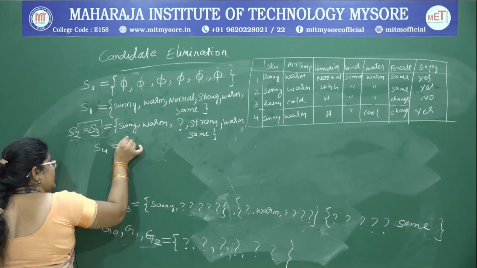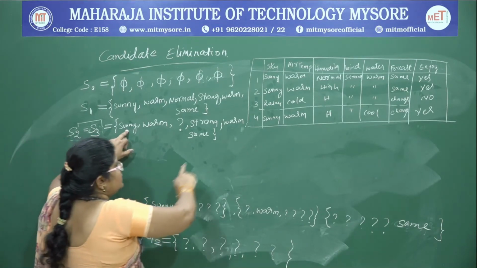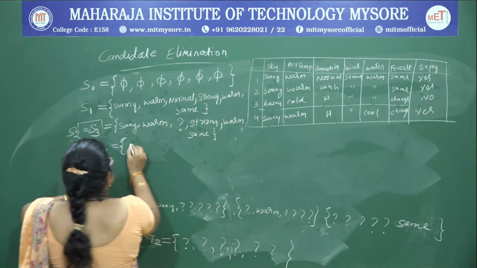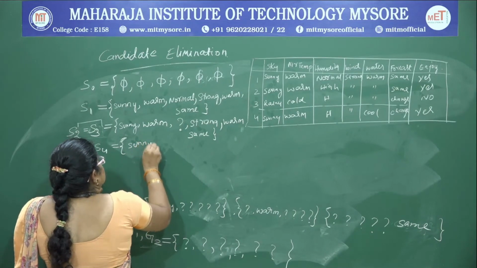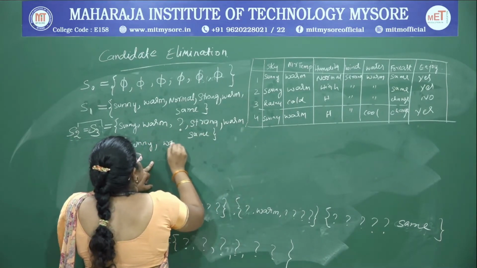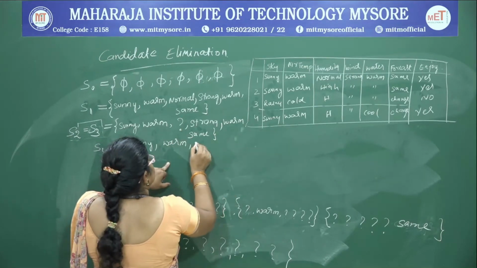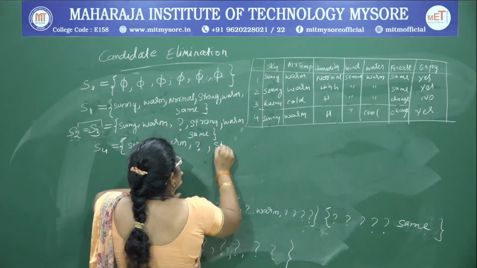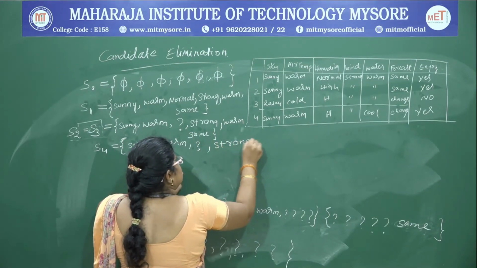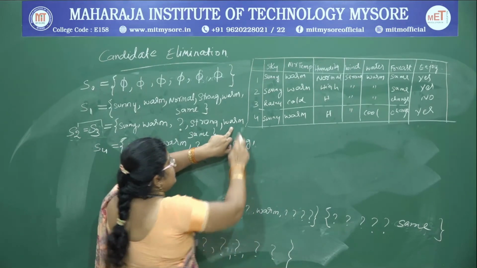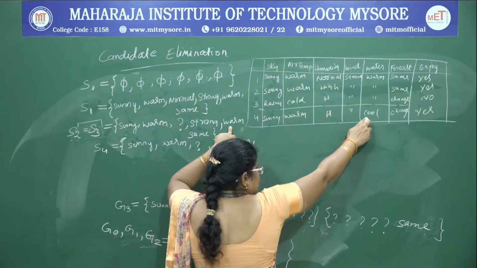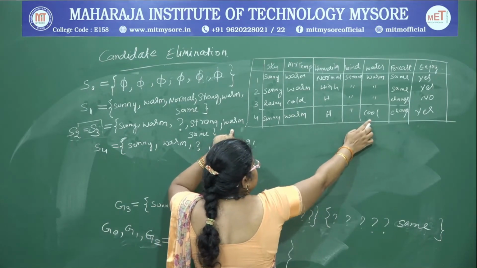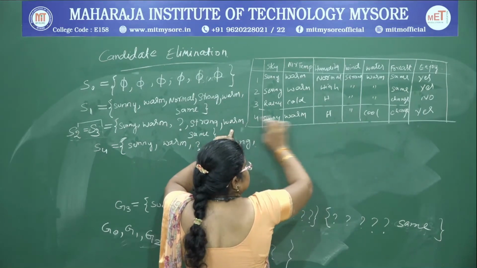When S4 is generated, Sunny of the hypothesis will be compared with the Sunny of the fourth training example attribute value. Sunny remains as it is. Warm remains as it is. Question mark is going to remain as it is. Strong, and it is also strong, remains as it is. Now, there is a change here. Warm, but here it is cool. So, warm is there and it is cool here. It's changed.